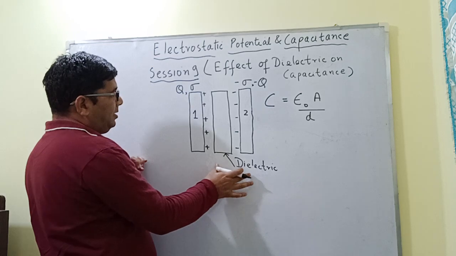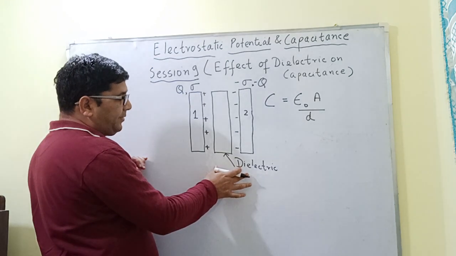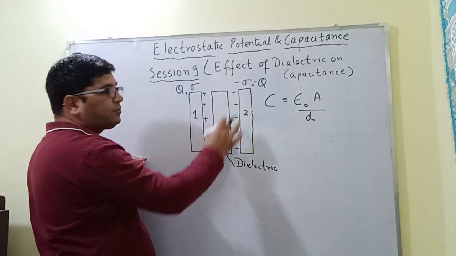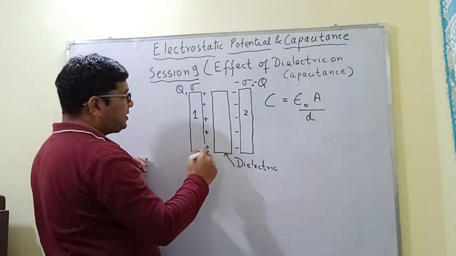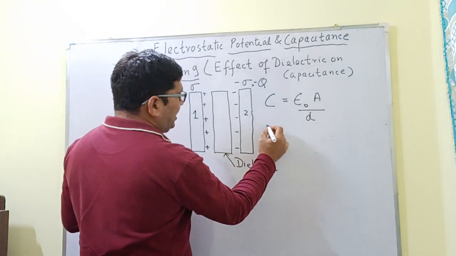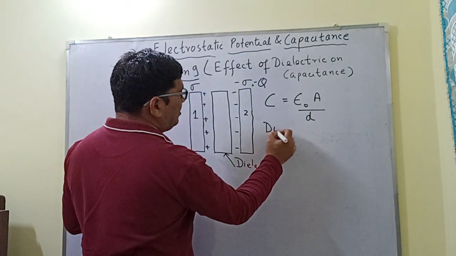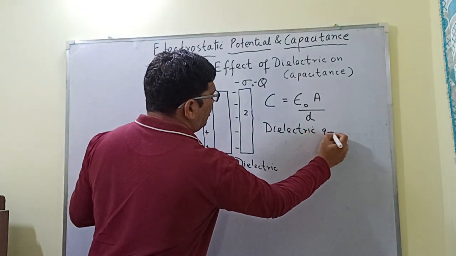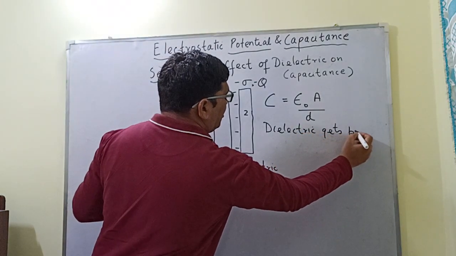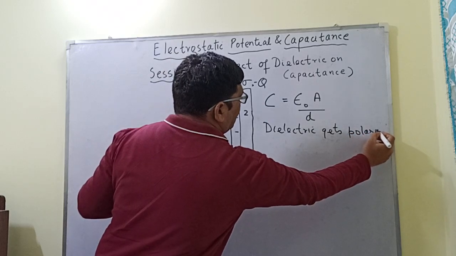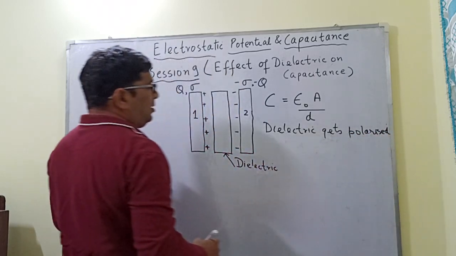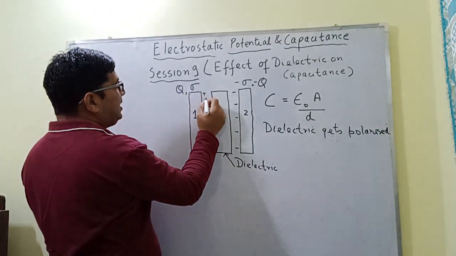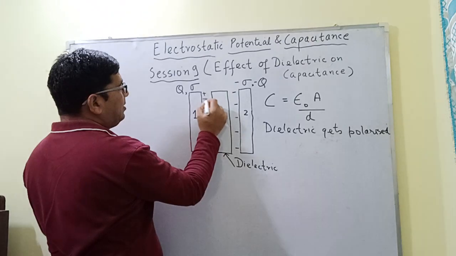When we insert a dielectric in the space between the two conductors, the dielectric gets polarized because of the electric field.